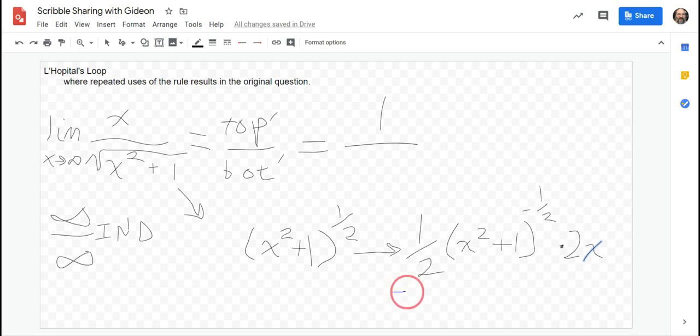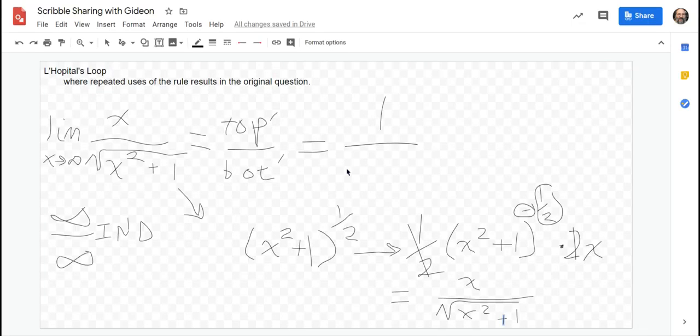Well, let's rewrite that in a simpler form. The 1/2 and the 2 cancel, and so I'm left with x, and this is a square root with a negative exponent. So now I rewrite the square root on the bottom: the square root of x squared plus 1. And now I kind of cry a little bit because that's my original question.